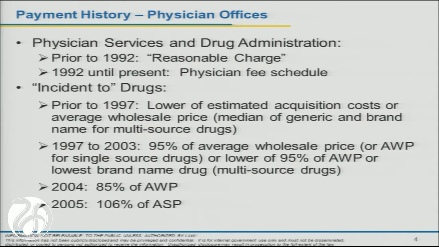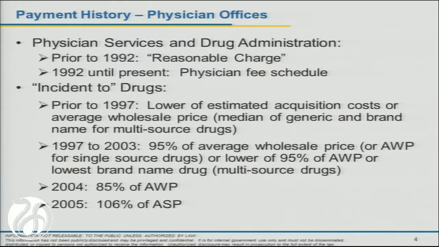And there was a complex methodology based on whether it was the prevailing charge in the area, the physician's customary charge, the actual charge, and then there were some limitations on charges over time that were put into the statute, but essentially froze in what payment rates were in 1966.